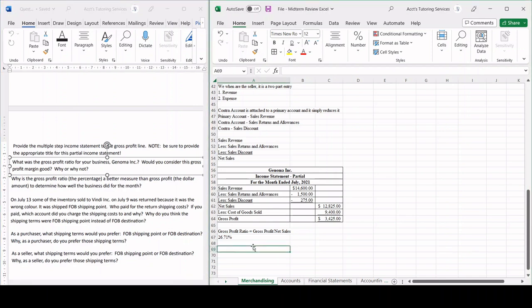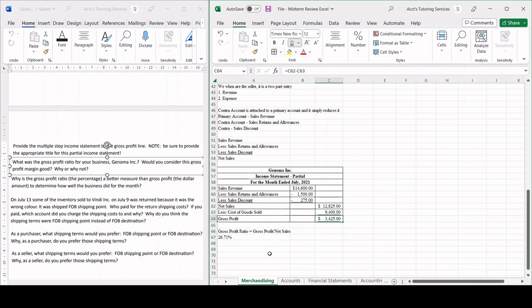This is because of a few reasons. One of the main reasons is we could compare the gross profit ratio across different years if these numbers are considerably different. Let's just say one year net sales revenue is 5,000 and gross profit is 1,000.